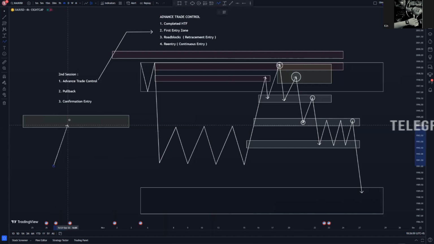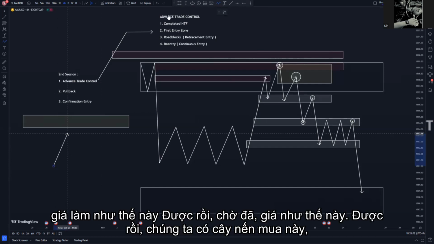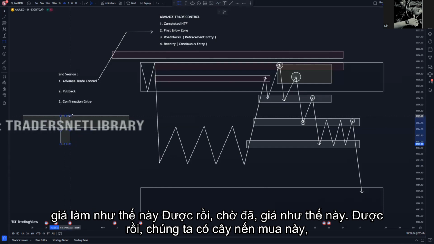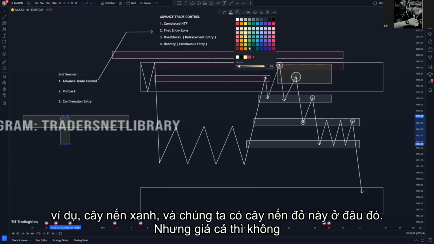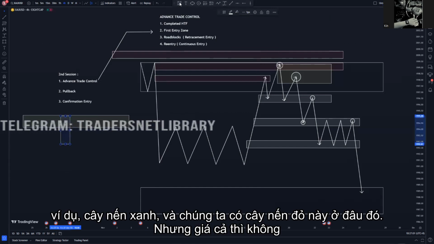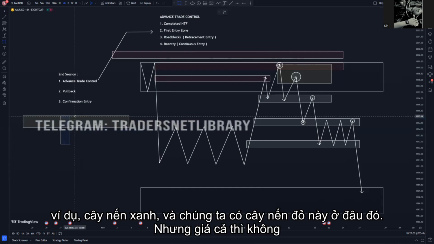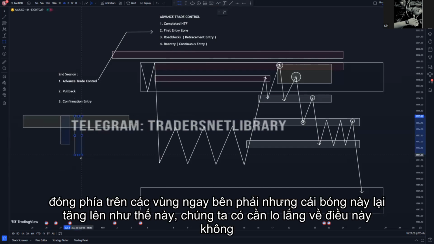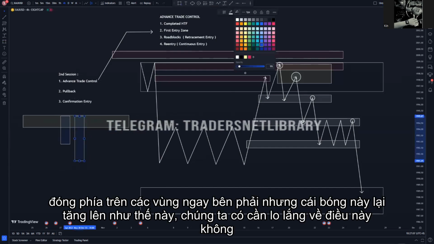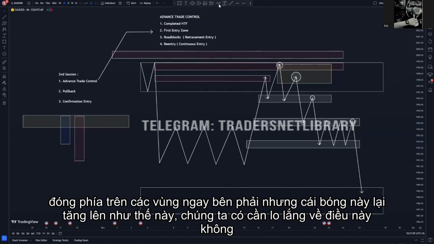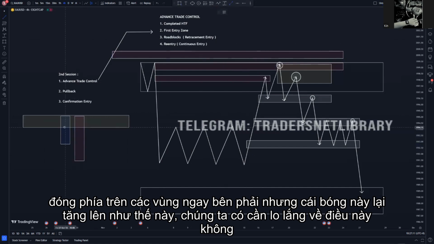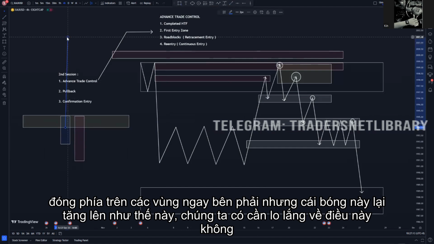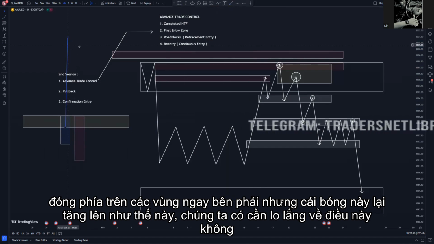So for an example, the price does like this. We have this buy candle, for an example a blue candle, and then this red candle somewhere here. But the price doesn't close above the zones, right? But this shadow went up like this. Do we need to worry about this shadow?